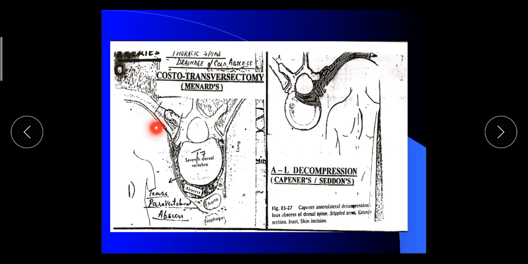So this portion is removed, the transverse process and the adjacent rib. In anterolateral decompression, not only the rib, also the pedicle and the part of the body of the vertebra, all these things are removed, debrided, and decompression of the cord is done. This is Kappener's or Seddon's operation.